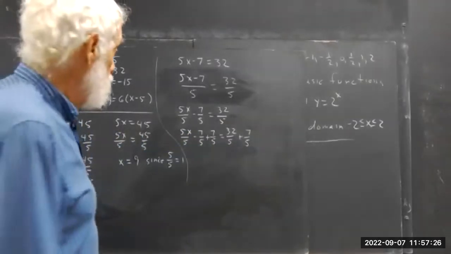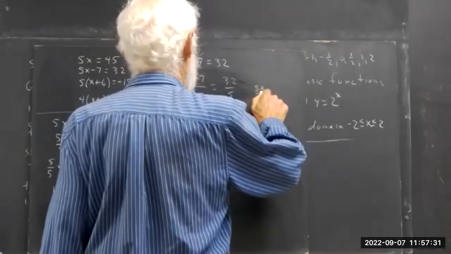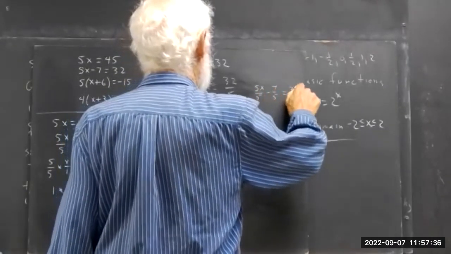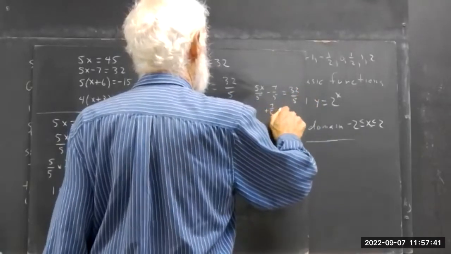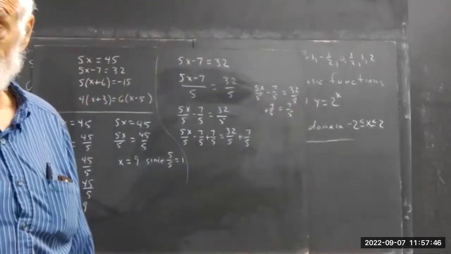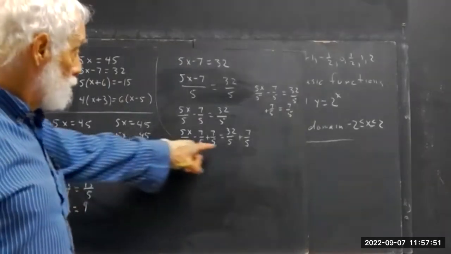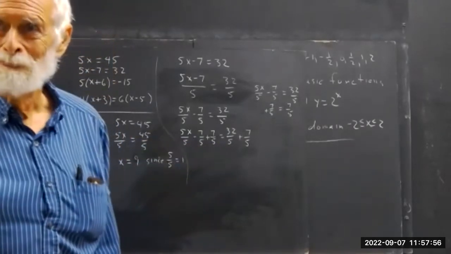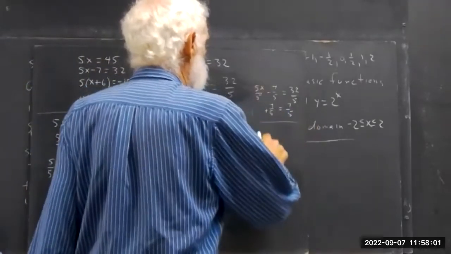Okay. You've been taught to say, well, we got this, and then we add 7 over 5 equals 7 over 5. Okay. That's okay. But I usually write things out like this because you don't have to write as many lines. More efficient with board space, and it's more efficient on paper.